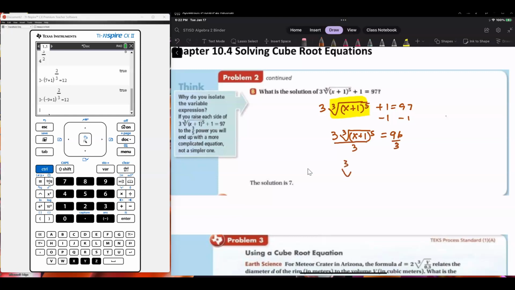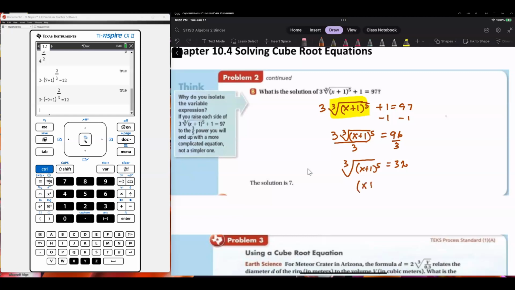So you have the cube root of x plus 1 to the 5th power equals 96 divided by 3, which is 32. Now I'm going to rewrite the left side as having a fraction as an exponent.